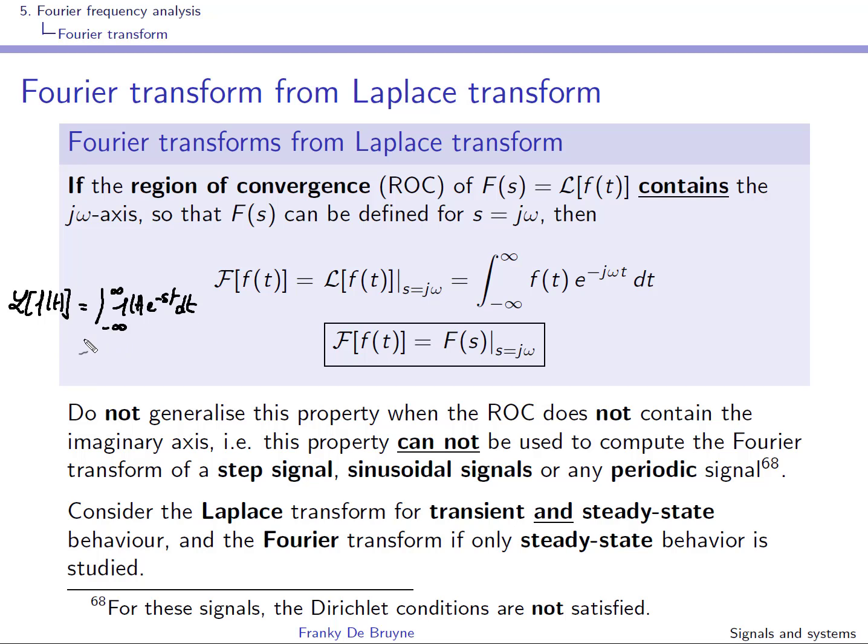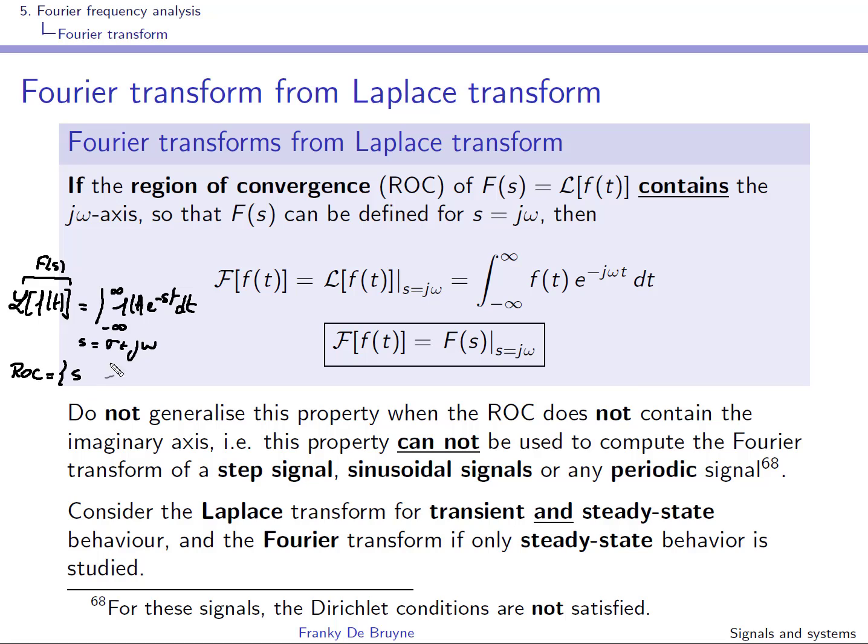And remember that s is equal to sigma plus j omega, and this Laplace transform F of s has a region of convergence. So this is the region where the Laplace transform is defined.